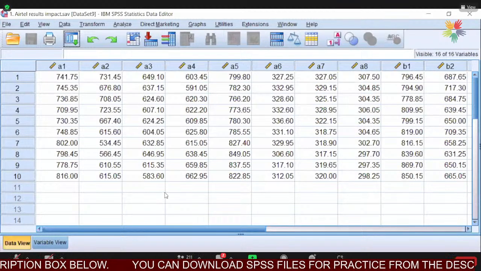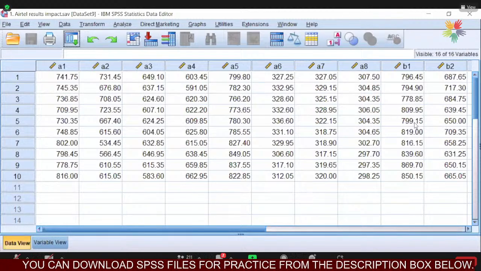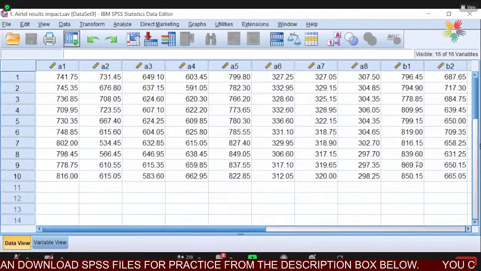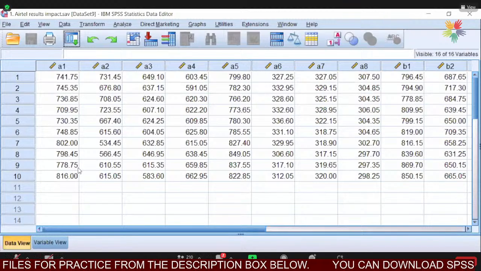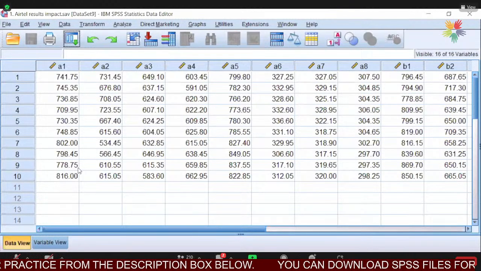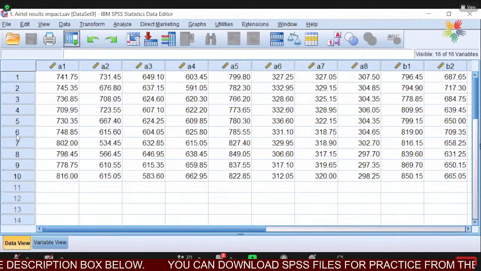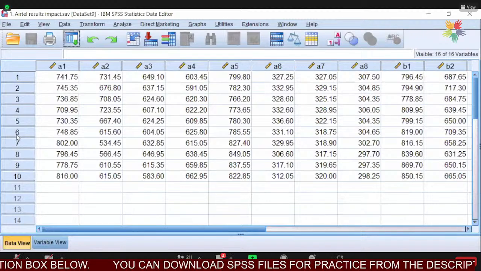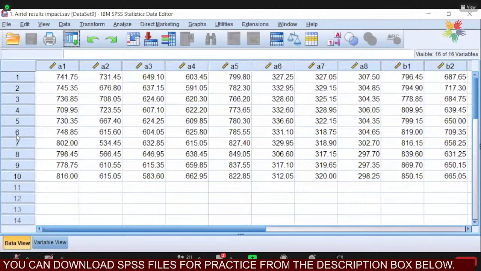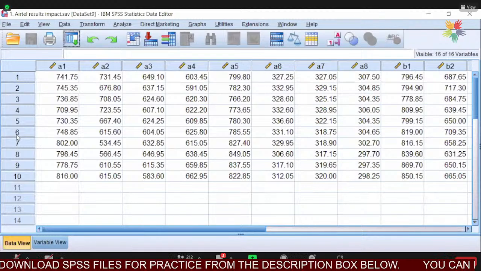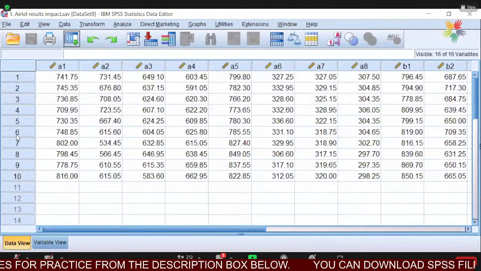So the share price is taken for the same company, 10 days before the announcement and 10 days after the announcement. So two columns, both are metric variables. That is the paired test. So I can find out the mean and compare. Many applications you can think of.